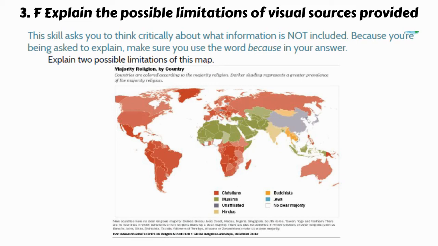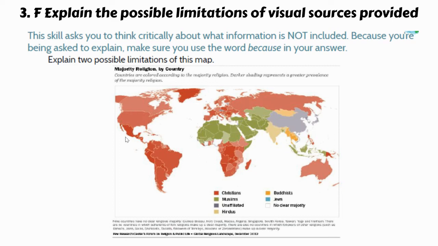Not only that, but when you look at it, it's a choropleth map where you're seeing different shades on the map itself, but there's no key to illustrate the number of people who are actually practicing that particular religion. Just look at North America: Mexico compared to the United States compared to Canada.